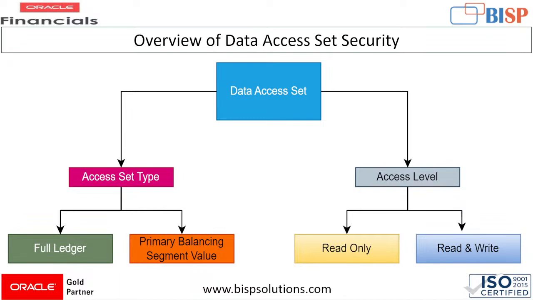If you have primary balancing segment values assigned to a legal entity within the ledger, then you can use data access segment values as data access set to secure the access of a specific ledger legal entity. You can also secure the access to the primary balancing segment by assigning directly to the ledger.